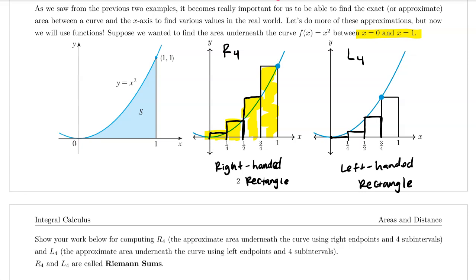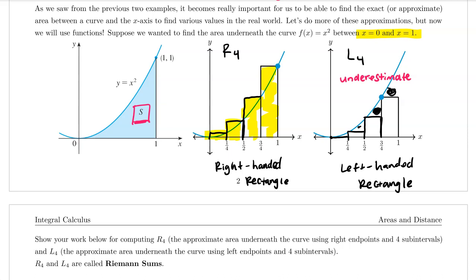So R sub 4 and L sub 4 are going to have 2 different values since they have different sized rectangles. And if you are able to make this observation, L4 in this scenario is going to be an underestimate of our actual area under the curve S. The reason it's going to be an underestimate is because look at all this area that's underneath the curve that we're not accounting for.